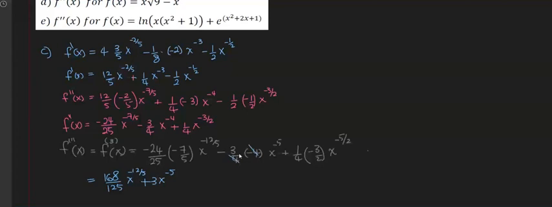This 4 is going with that 4, and the negative times the negative is positive, and then we will have minus 3 over 8. That's the simplest form of x to the power negative 5 over 2, and that's it.